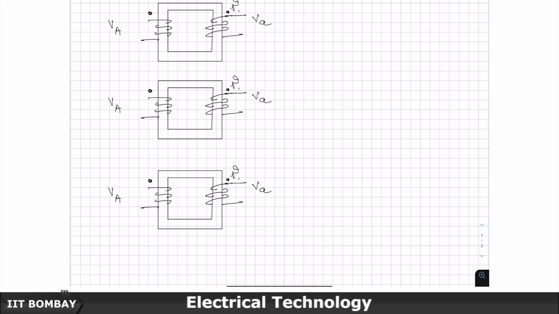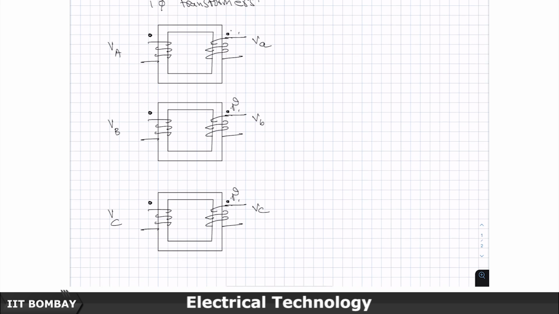So, this I am going to connect with B phase, and this I am going to connect with C phase. Now, this will be VB, this will be VC.